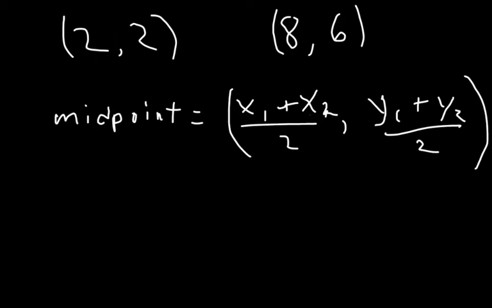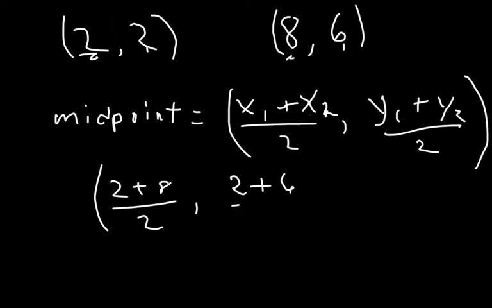Here is x1 and x2, so we do 2 plus 8 divided by 2, and that will give us the x-coordinate. Then 2 plus 6, divided by 2, gives us the y-coordinate. We simplify it, and it gives us one number for each.